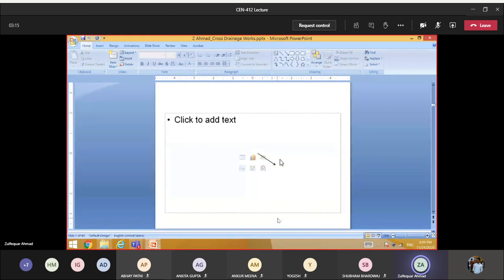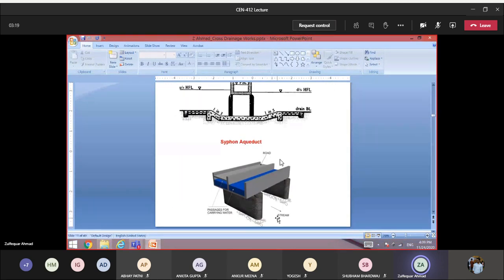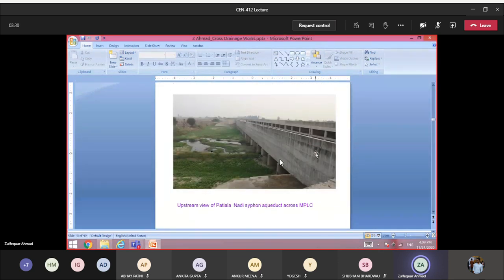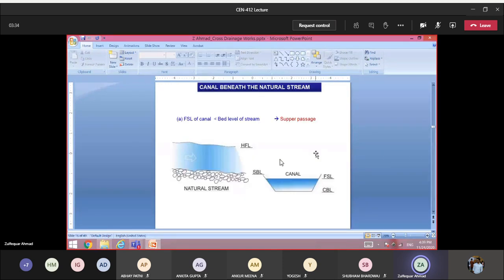We'll discuss now the design methodology. Okay, right. So this is the example that I have shared with you. This is the cross drainage works that we had designed of the Patiala Nadi. Okay, this is a siphon aqueduct. You can see this one.